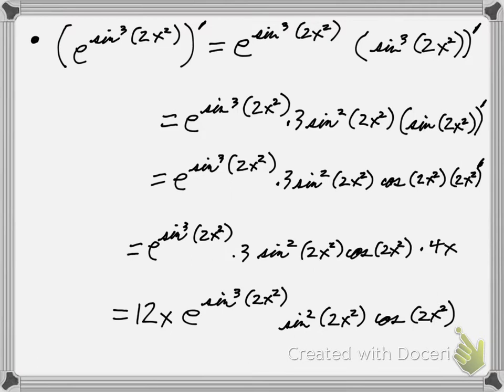Next, we need to find the derivative of secant cubed of 2x squared. Because remember, that was our second component of our original function f. So to do this, again, you can use chain rule.